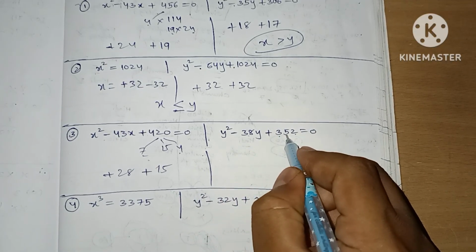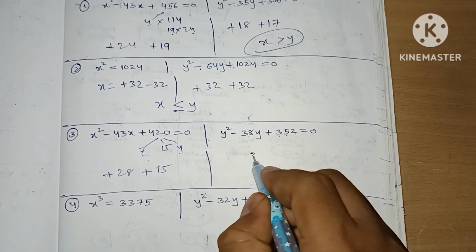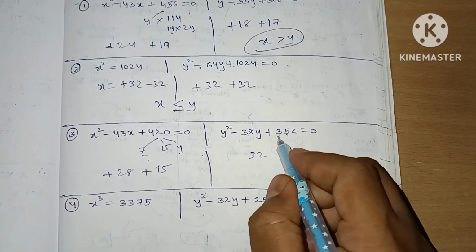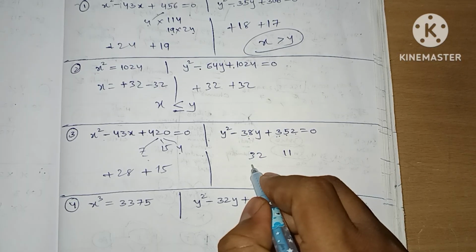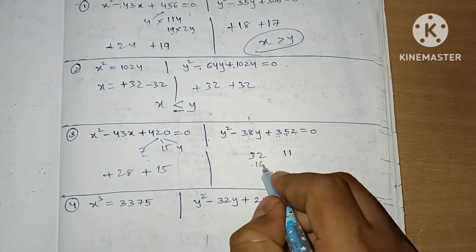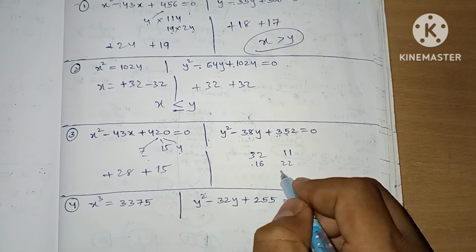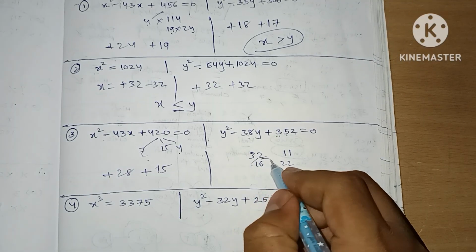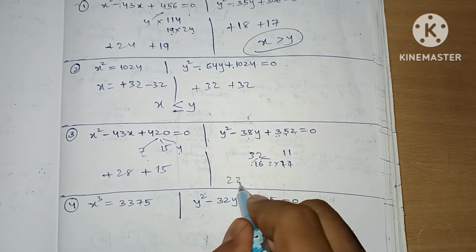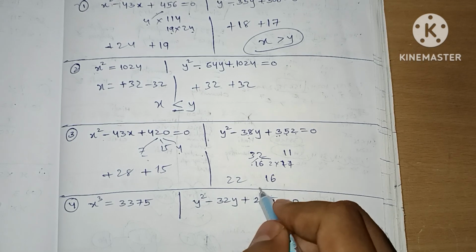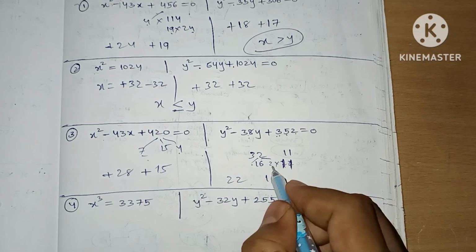The sum of these two will be in the middle. So it is the 11 table. 32 11 times is 352. But we need to get 38. So let's divide this as 16 and 22. 16 2 times, 2 into 11 times, we get 22. 16 and 22 are the roots.